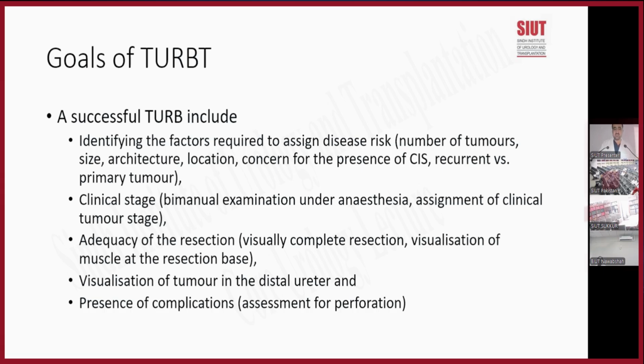For clinical staging, manual examination under anesthesia is done, with assignment of clinical tumor stage. Adequacy of resection is assessed by visually complete resection, visualization of muscle at the resection base, and visualization of tumor in the distal ureter. The presence of complications is assessed by checking for perforation.